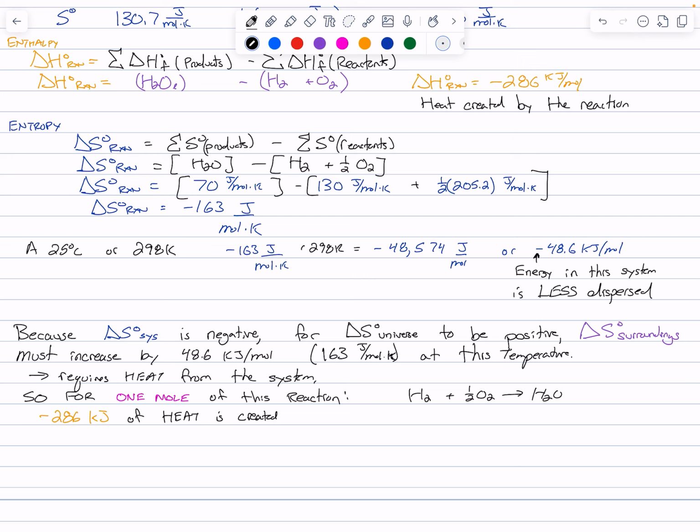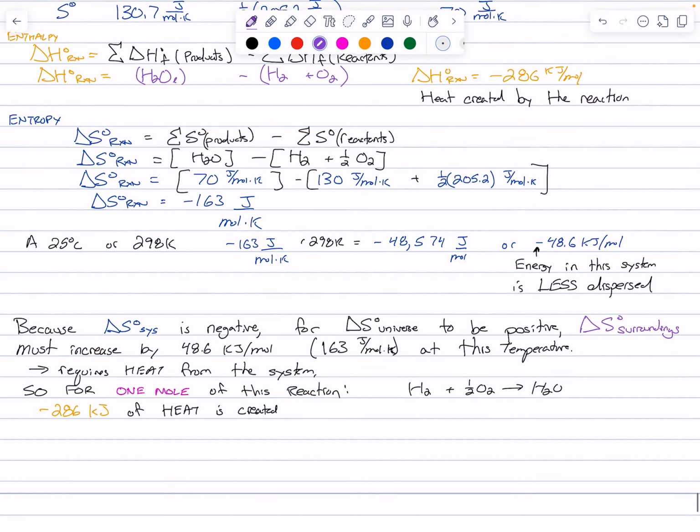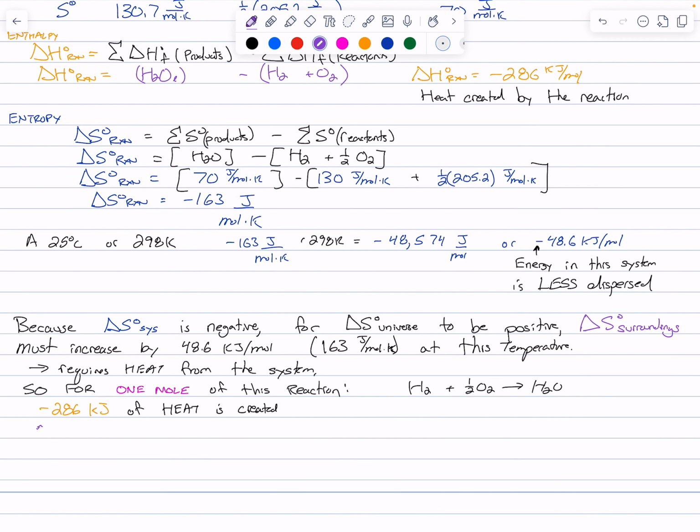Right? To round a little bit, 48.6 or 49, about 49 kilojoules of heat is required to create disorder in the surroundings.